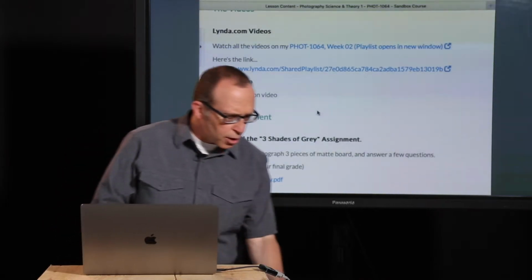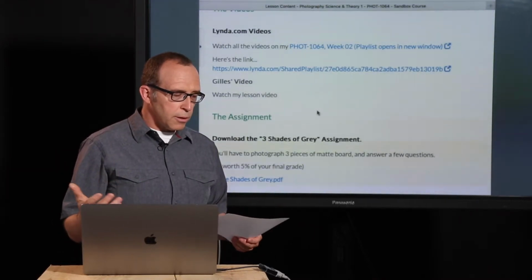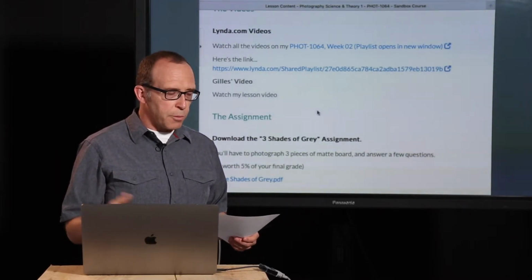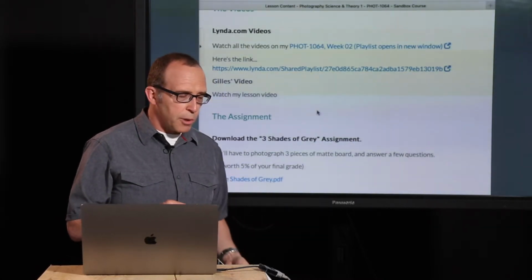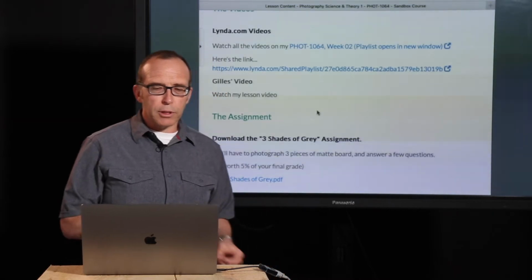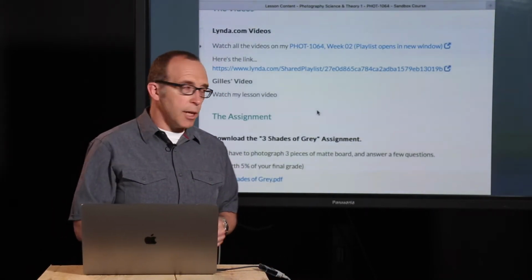There are actually 3 videos, and I'll just tell you what they are. One is called the exposure triangle and reciprocity. There's one called light metering, and there's one that just talks about shutter and aperture priority mode. So some important exposure concepts.